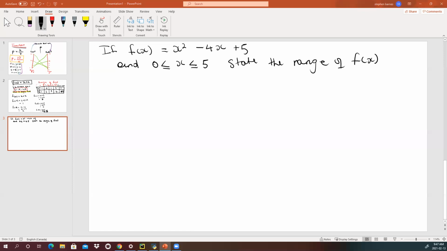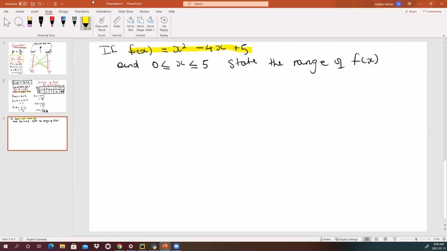All right. So let's see how we go through working this one out. We have here the definition of our function, f of x is x squared minus 4x plus 5.